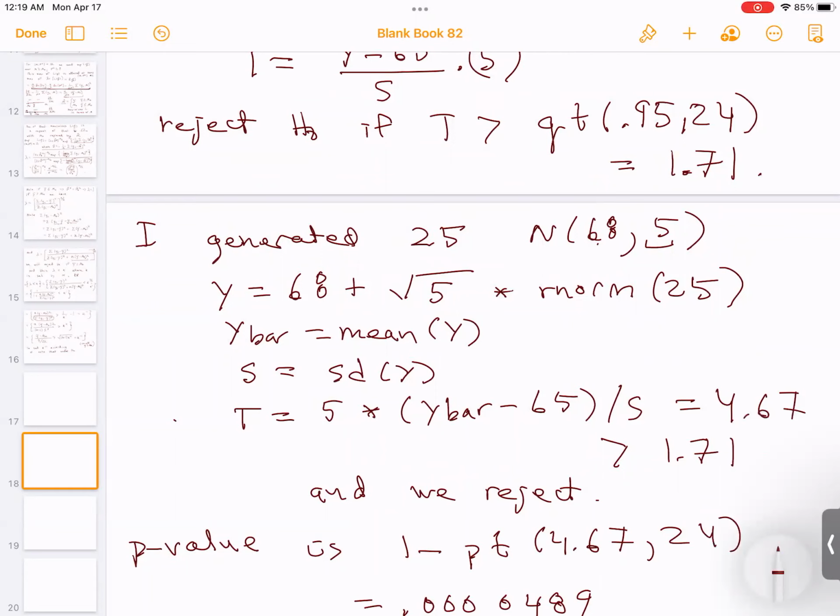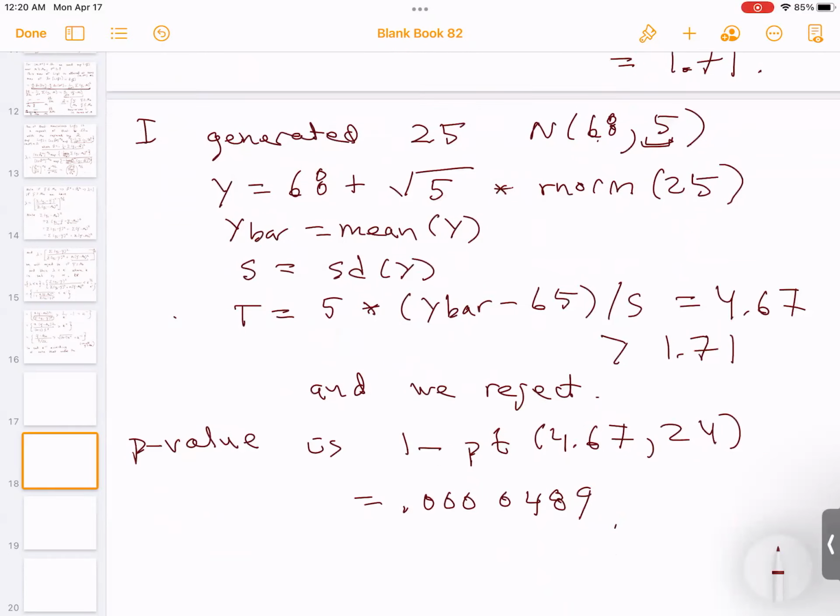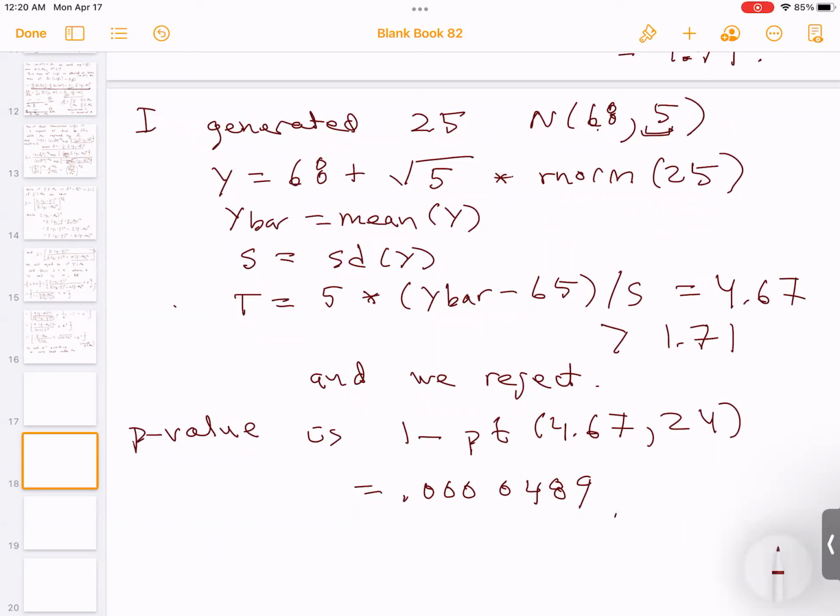And you have 25 samples though, right? So, I mean, this is your variance, right? So what's the variance of y bar? 5 over 5 is 1. So for y bar to be hovering around 68, that's 3 standard deviations away. So, although it's not impossible, it's unlikely that that would happen if mu were equal to 65.